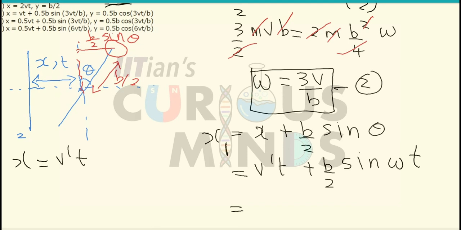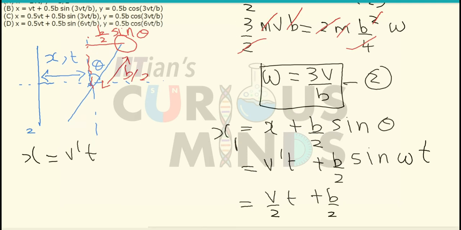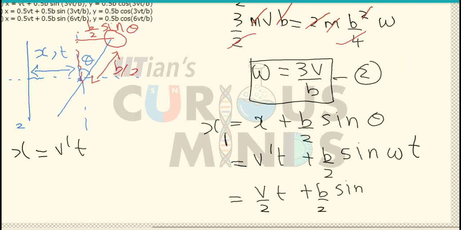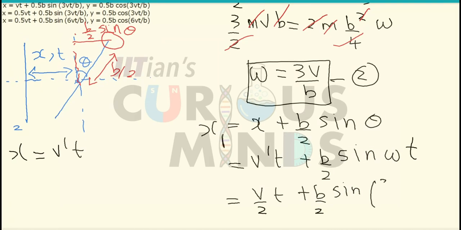Now v dash over here is equal to v by 2. So basically it will be equal to v by 2 into t plus b by 2 into sine omega t, where omega can be written as 3v by b, multiplied by t.